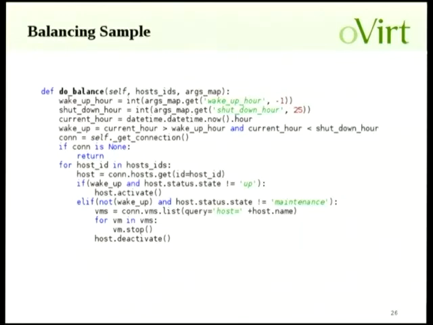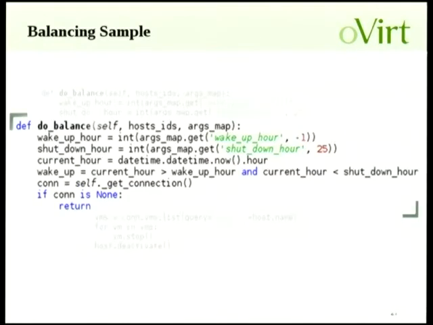The same sample that I showed earlier, where we get the same numbers that we want to shut down all the VMs, but in this example, we will actually do that and not exclude hosts that prevent users from running VMs like in the filter example.